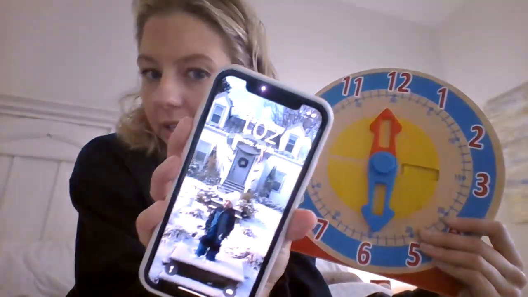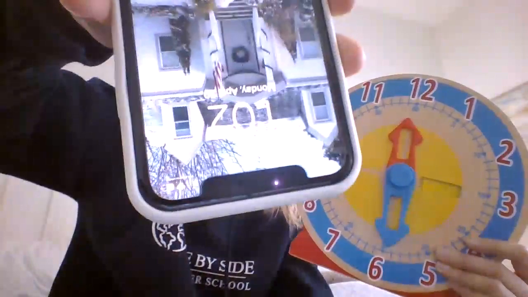We know that this is called a clock, but more specifically, the difference between this clock and the clock that we have on our phones is that this is called an analog clock. Can you say analog clock? Good. This is an analog clock, and this one is a digital clock.